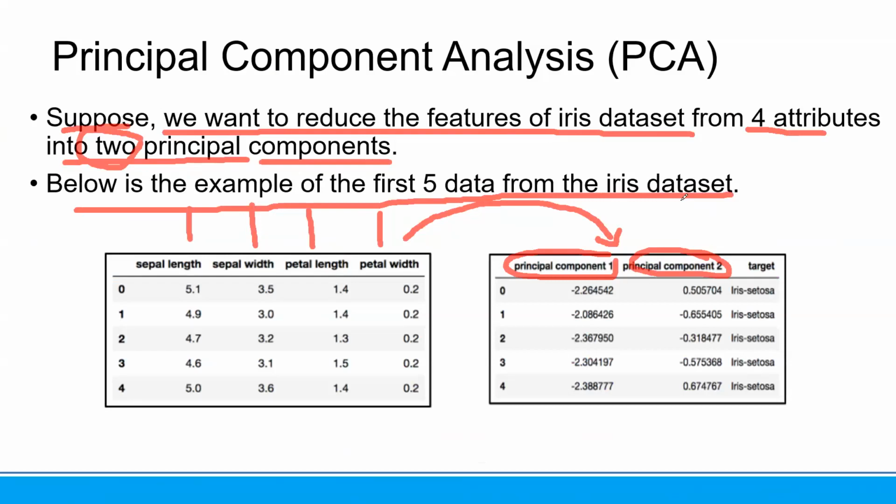So with linear algebra, we can make it into 2 principal components. So if I know this data is isotonic, with these 2 columns only, it also can represent it. So we got this method, the principal component analysis.